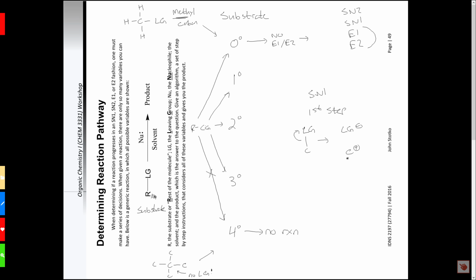And we can use this to eliminate SN1 from your 0th order and your primary carbons. So no carbocations can form on a primary or a 0th order carbon. So no SN1. In fact, on this one we can automatically say no SN1.